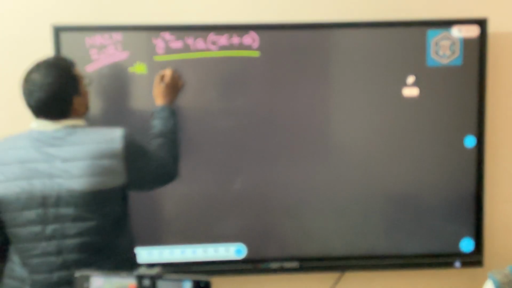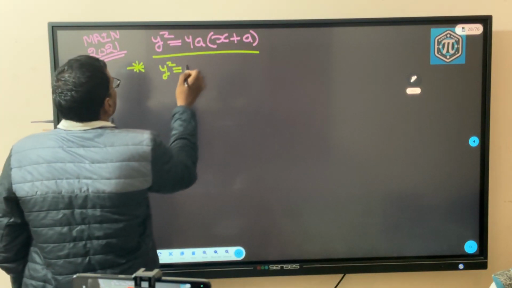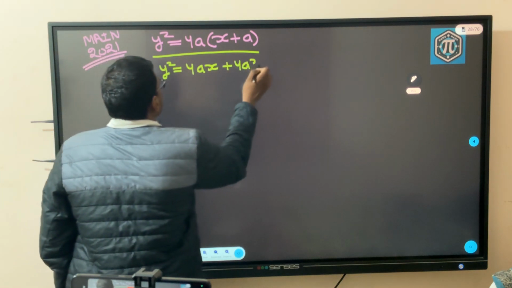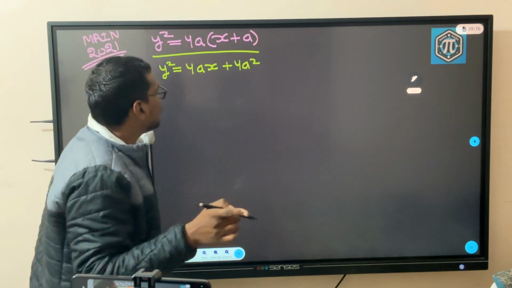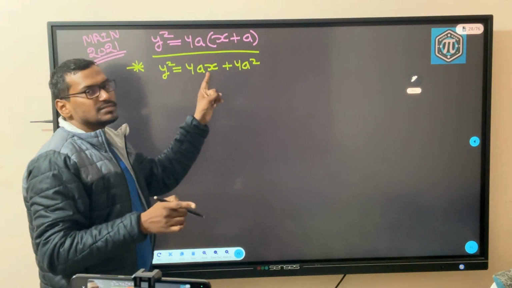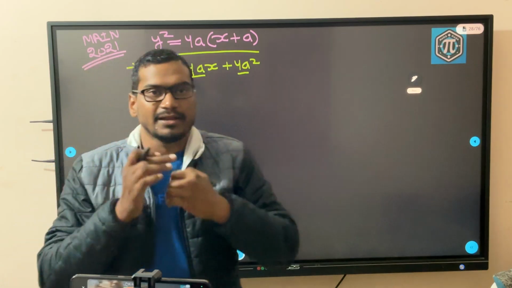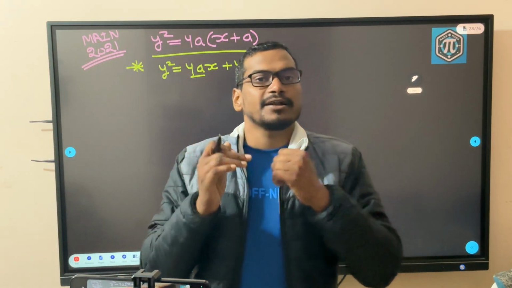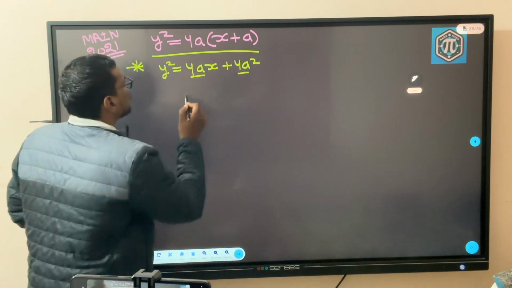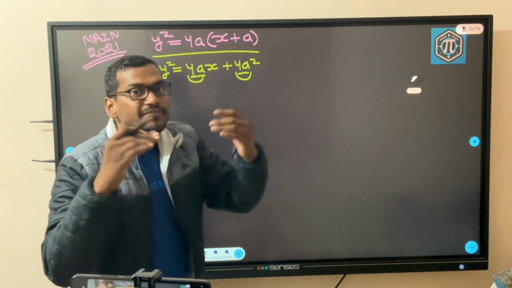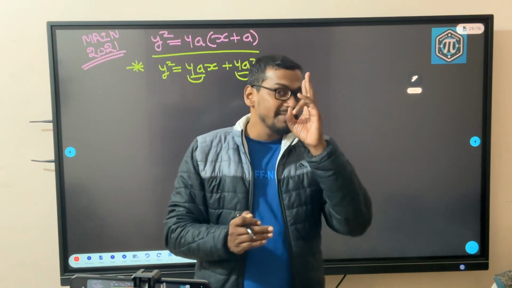See here, y square is equal to 4ax plus 4a square. One student will think, okay, a is the only arbitrary constant, so this and this are only 1. But that is wrong, beta. If a is the arbitrary constant, then 4a and 4a square are both different, so they will be counted as 2.